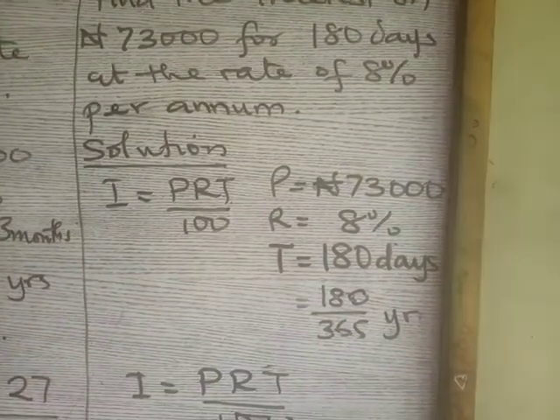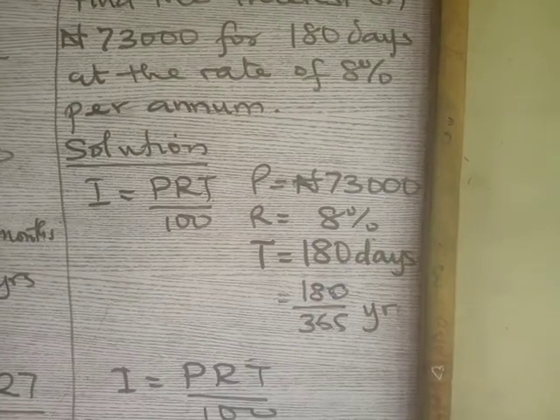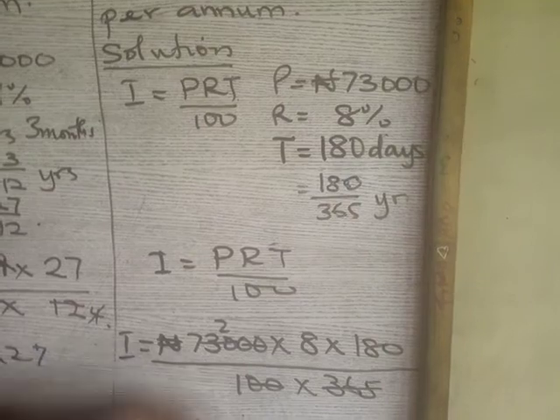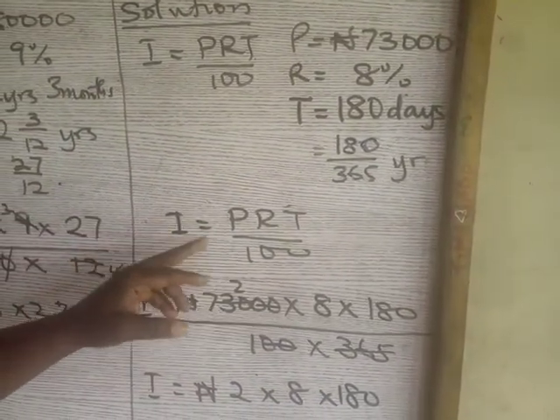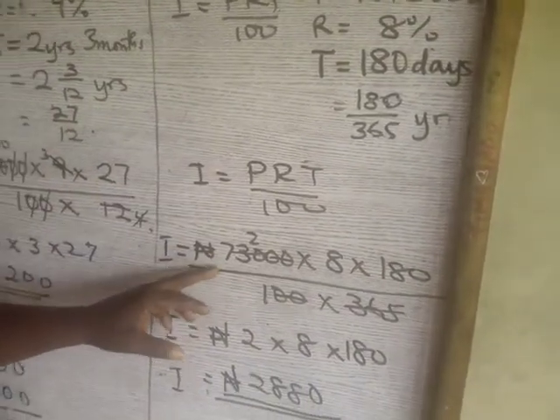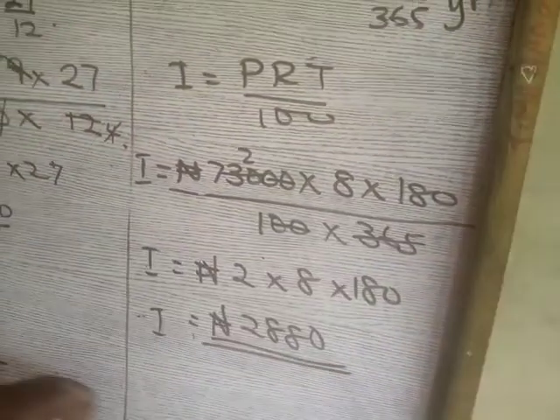Now if you look at this, it's not up to 1 year, so you have to place it over a year, and in 1 year we have 365 days, so that becomes 180 over 365. I equals PRT over 100. Our P is 73,000, rate 8, and T 180 over 365.